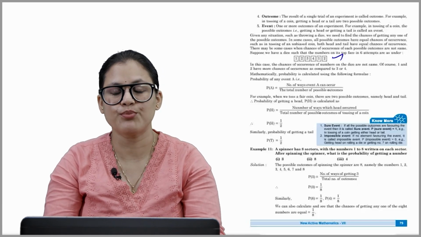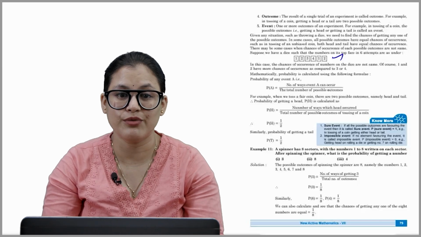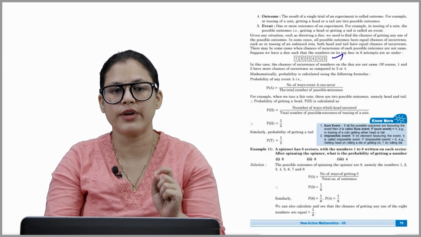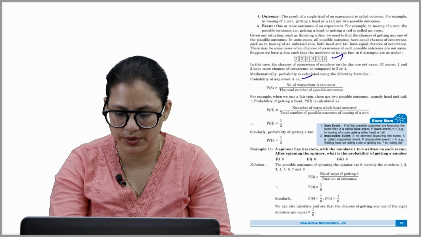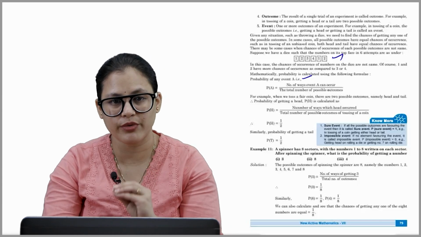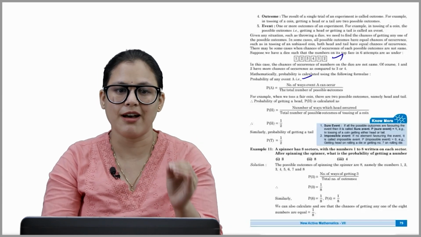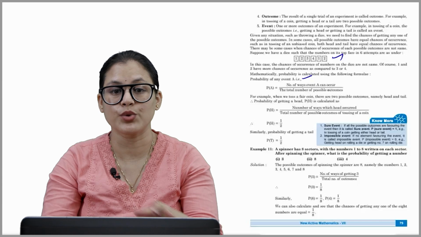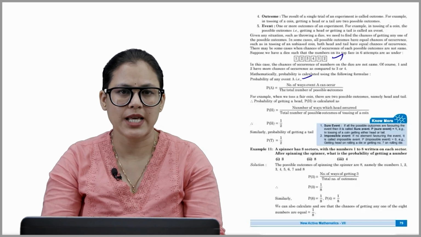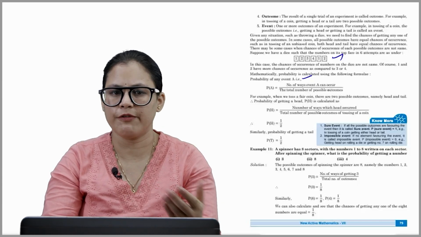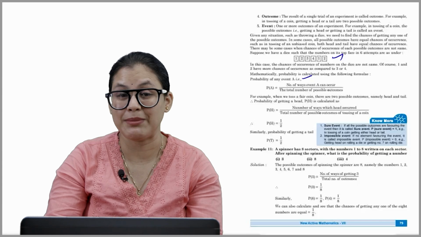So mathematically, probability is calculated using the following formula. Probability of any event A, that is P(A), is equal to the number of ways event A can occur upon the total number of possible outcomes. For example, when we toss a fair coin, there are 2 possible outcomes, namely head and tail.